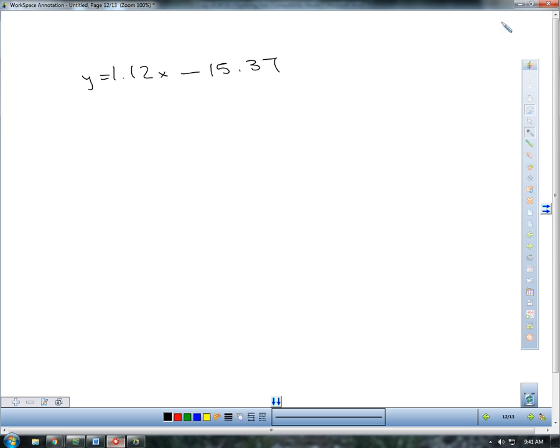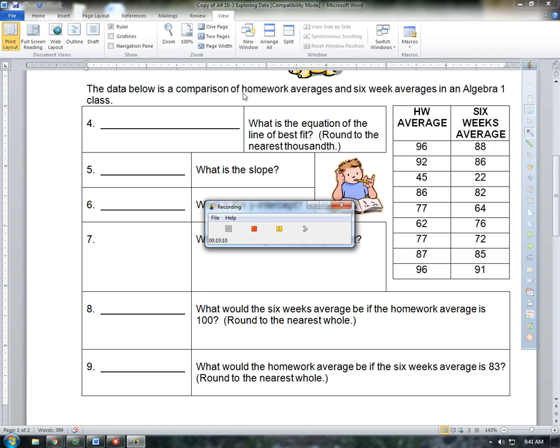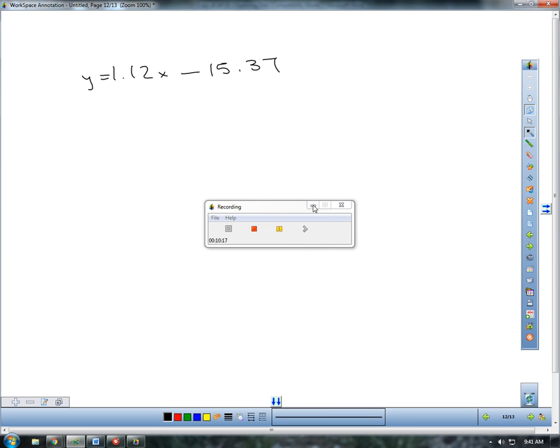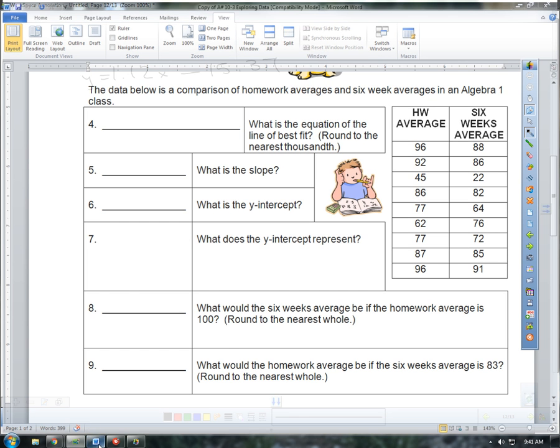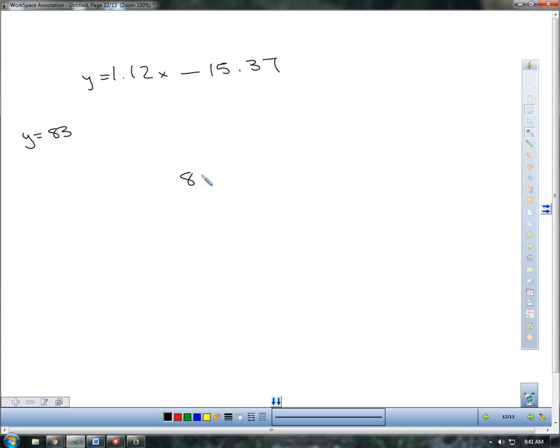So here's my equation, and our problem asks what if the 6 weeks average is 83. So again, they gave me what y equaled, and they said it was an 83. So they told me y equals 83. What is x? Okay? So 83 equals 1.12x minus 15.37.